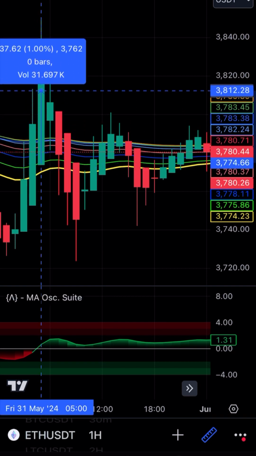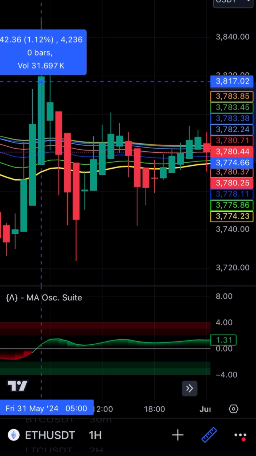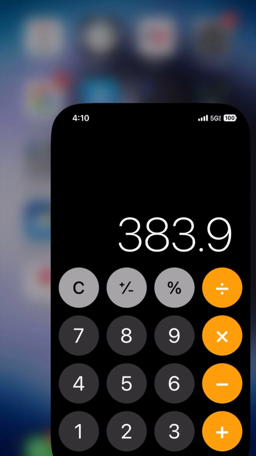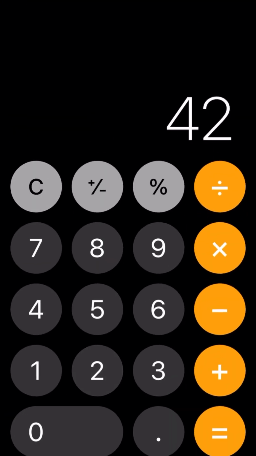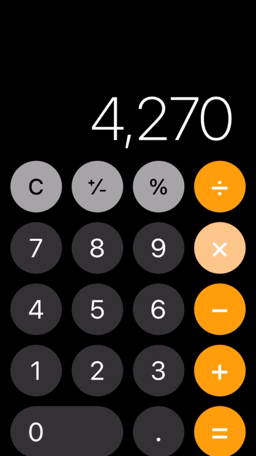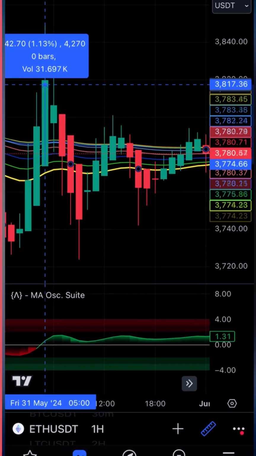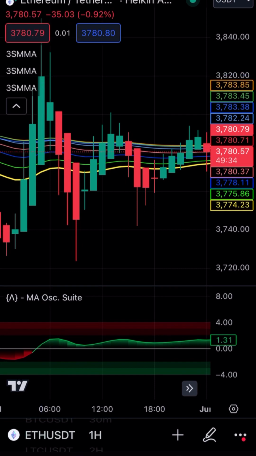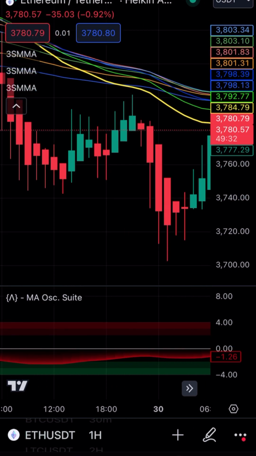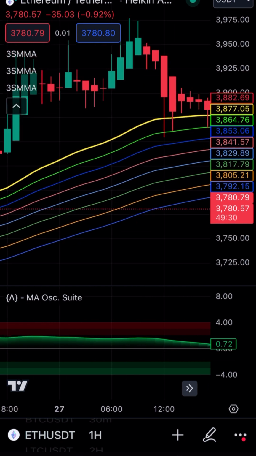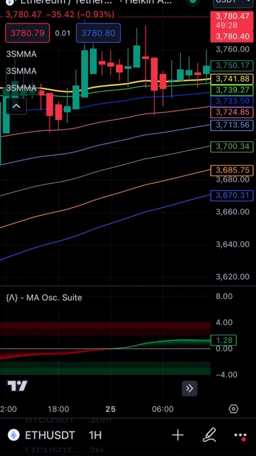We ride it out for about an hour. This one is 4270. 4270 times 0.05. Made $200 right there. 213. Let's see if we can find it again. An uptrend.